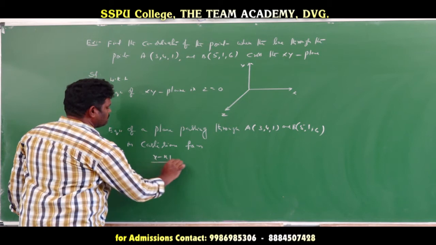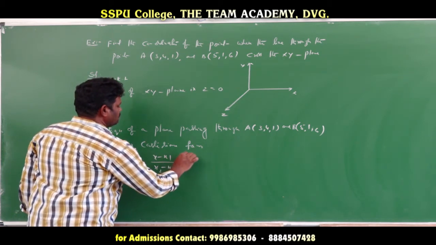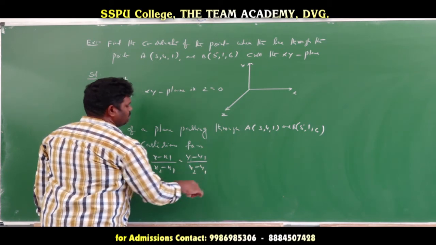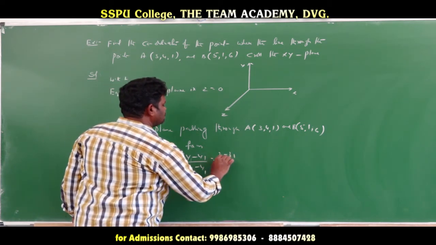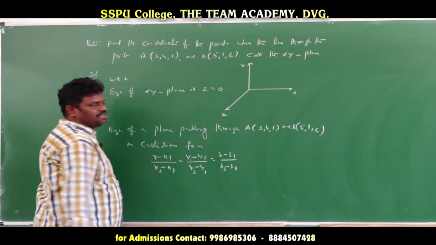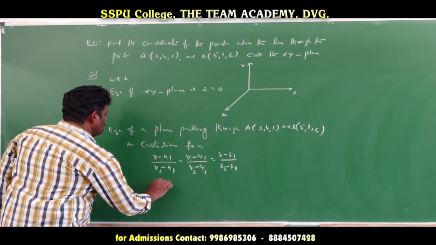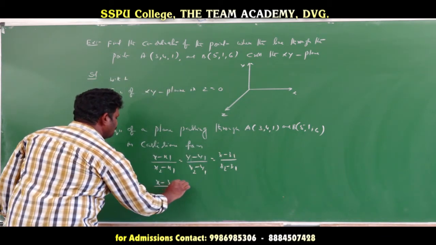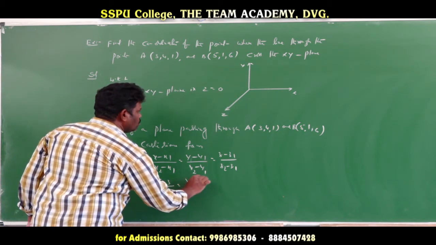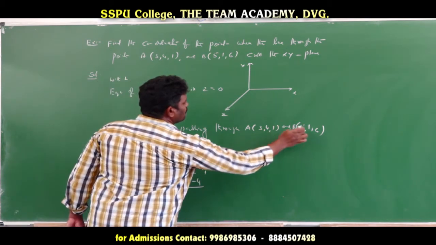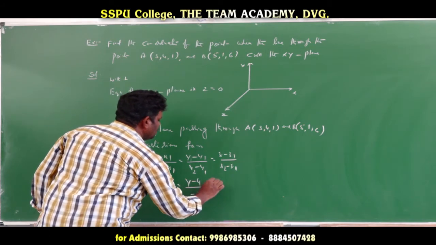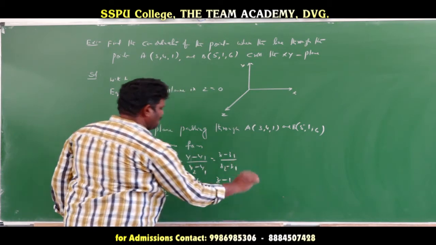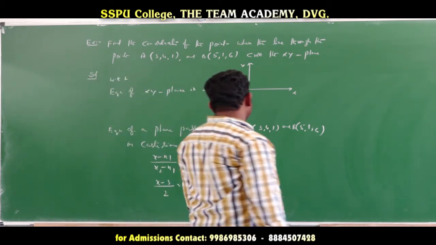x minus x1 by x2 minus x1 is equal to y minus y1 by y2 minus y1 is equal to z minus z1 by z2 minus z1. Now simplifying: x minus 3 by 5 minus 3, that is 2; y minus 4 by 1 minus 4, that is minus 3; z minus 1 by 6 minus 1, that is 5.